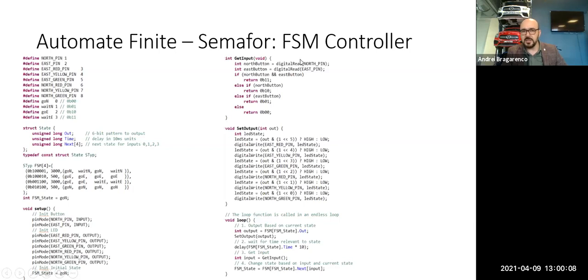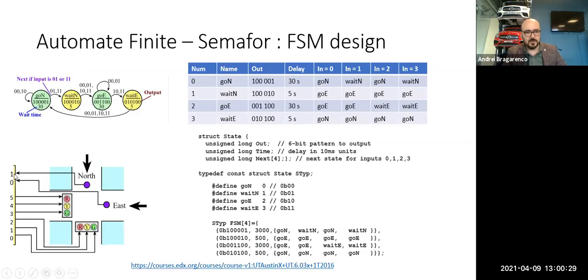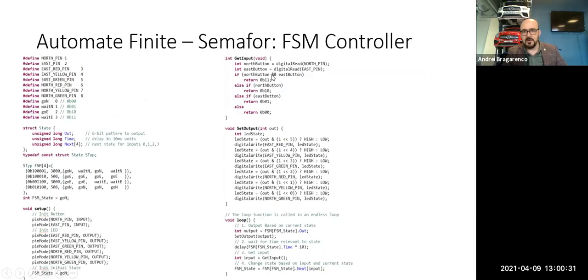So it will read the north pin and east pin, and now if this one is high and this one is high, return the binary high. If this one is 1, then we set the bit for the north, the most significant, yeah, the north, this one. And if the east is here, and so on.